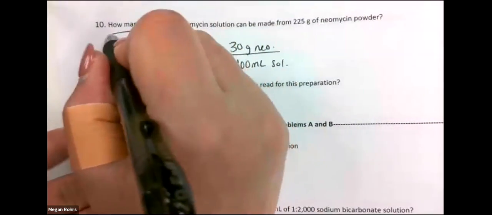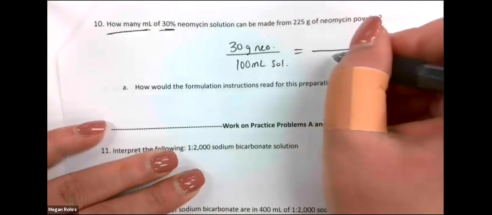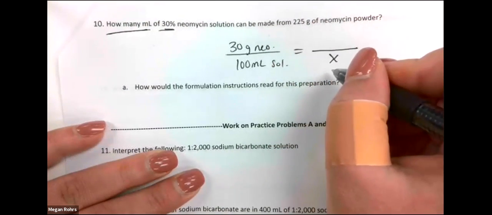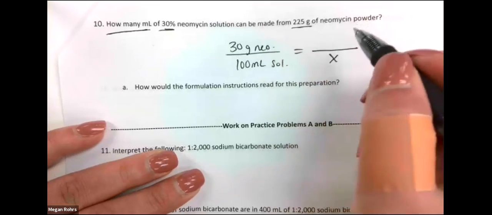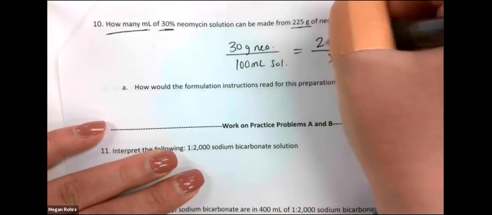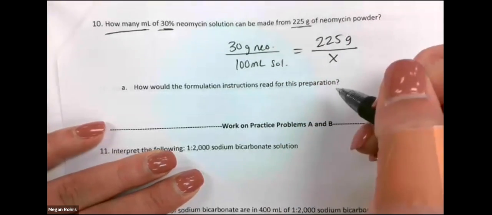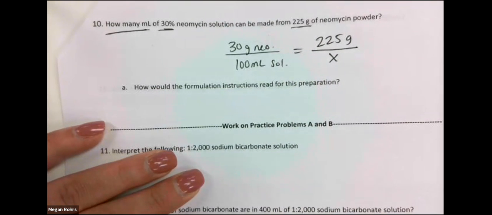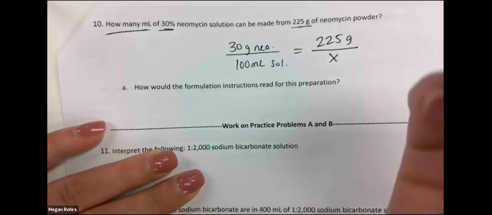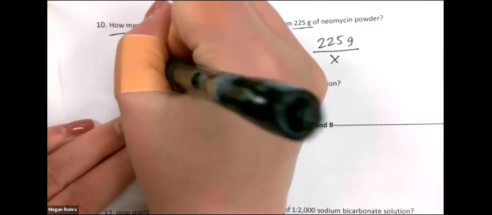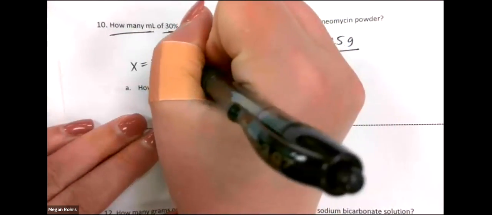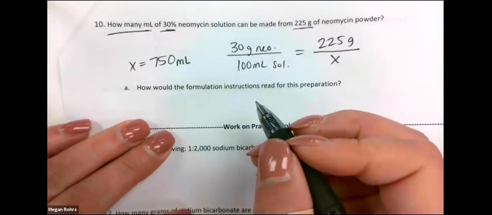We're looking for how many mils. So our x will go on the bottom. And we know that we have 225 grams of powder. So when we solve this here, 225 times 100, and then we're going to take that divided by 30. So that gives us 750 milliliters.